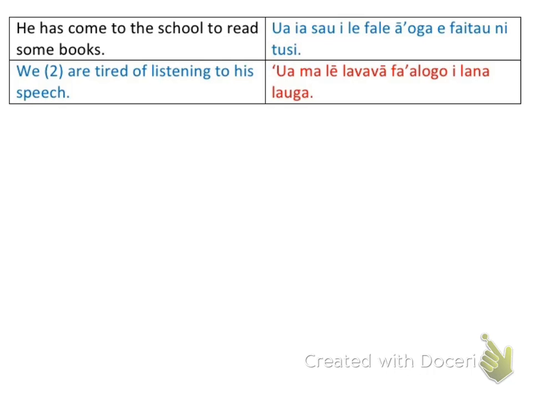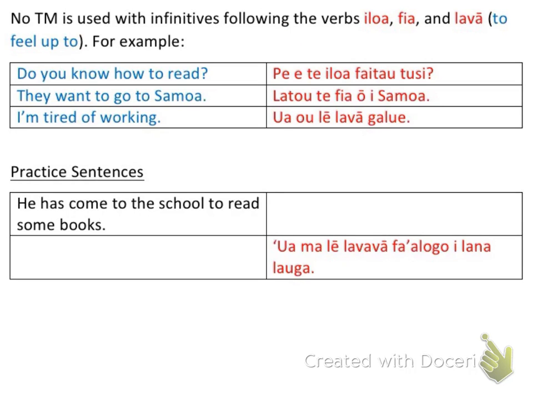Okay, we too are tired of listening to his speech. So let's see. Normally I would mark my infinitive with an A, but in this case you'll remember there's three verbs that you don't have to use the tense marker a or te after.